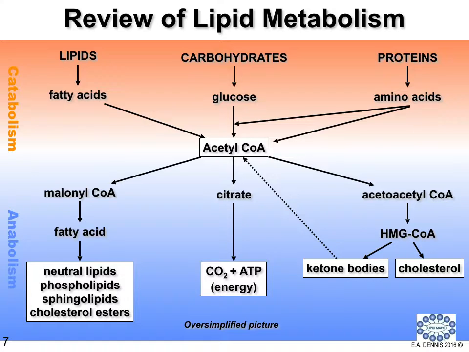In certain physiological conditions, principally starvation, acetyl-CoA in particular is converted into HMG-CoA and forms ketone bodies, which can be transported and further broken down to acetyl-CoA. HMG-CoA is also a precursor for the synthesis of sterols, including cholesterol.